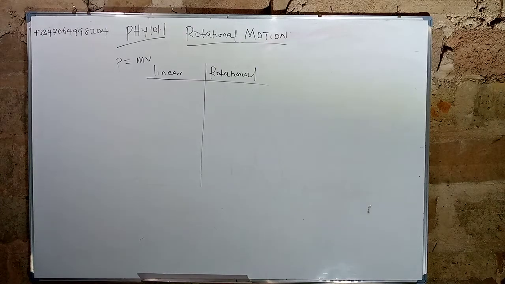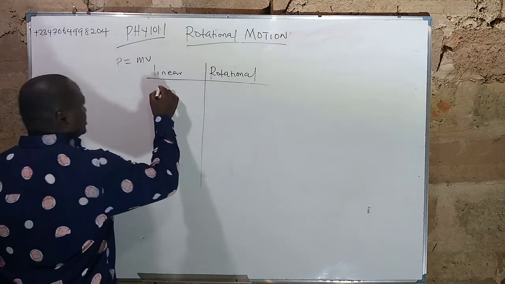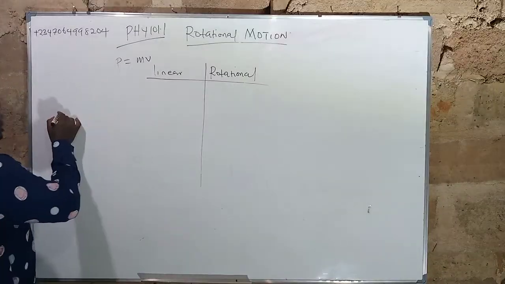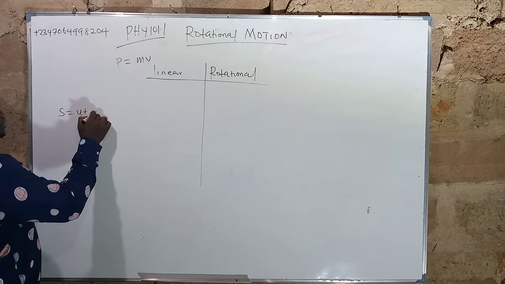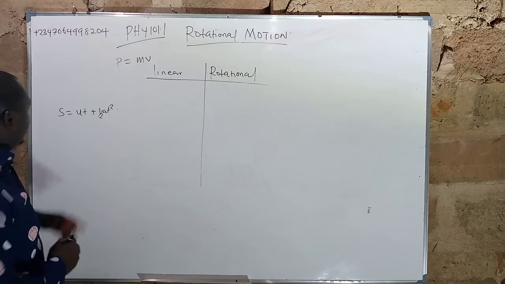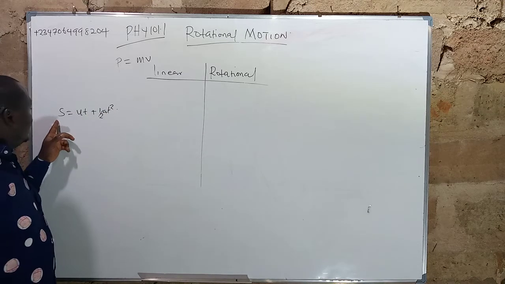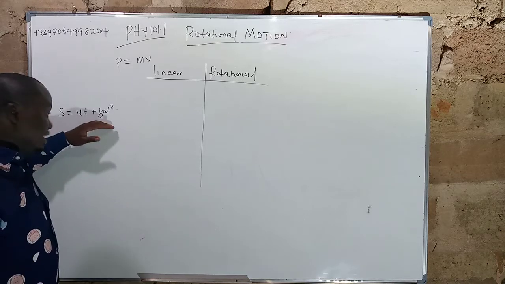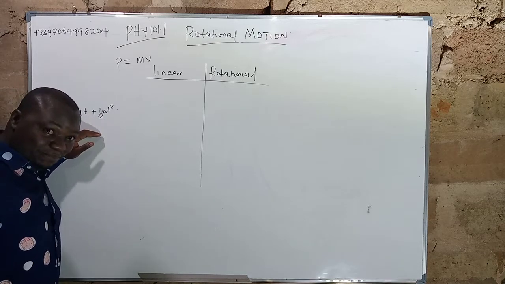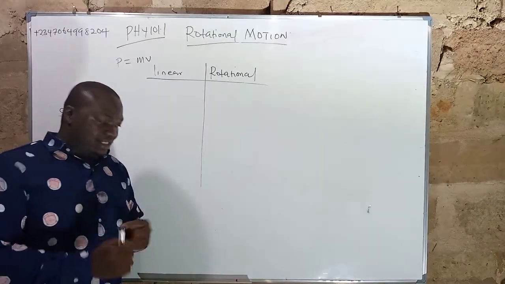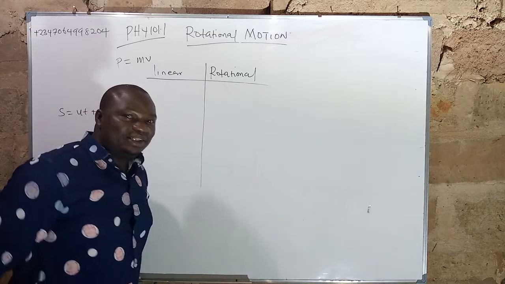Once you are dealing with linear, remember from equation of motion that x is equal to ut plus half at squared. You already know that this x is the distance, is it not? Good. This is linear. What we're talking about in rotational is the same thing, just that the symbols change.